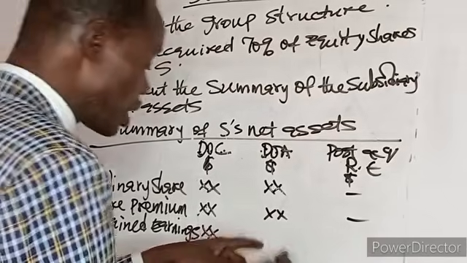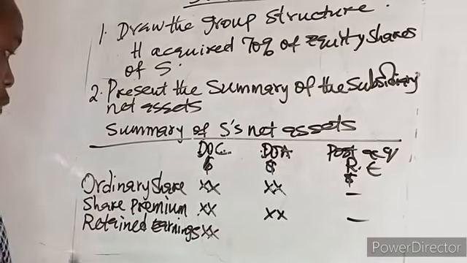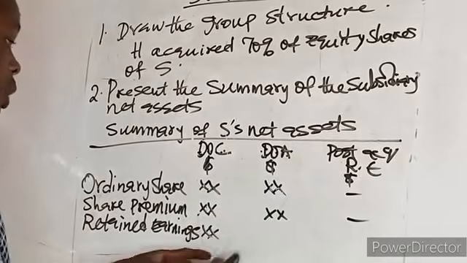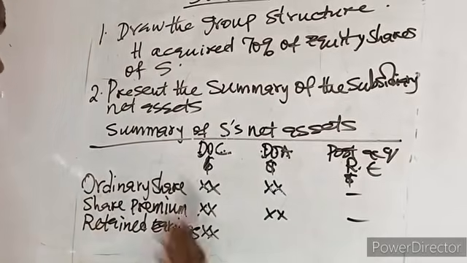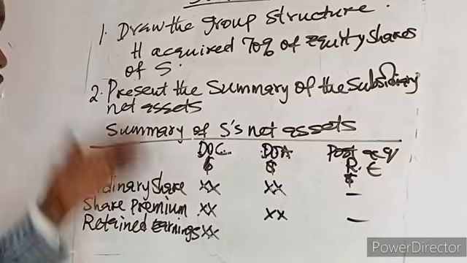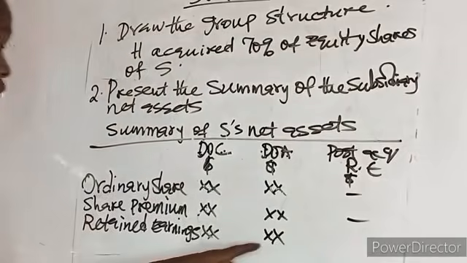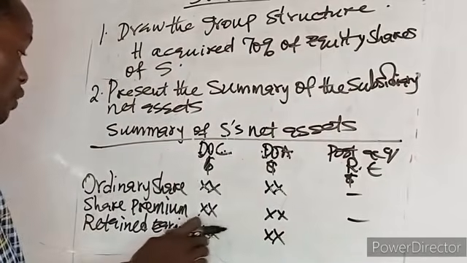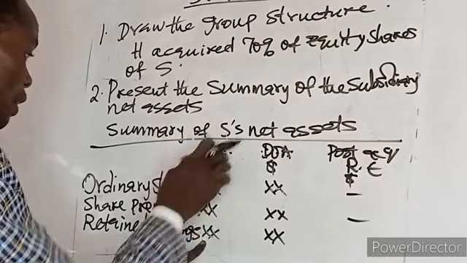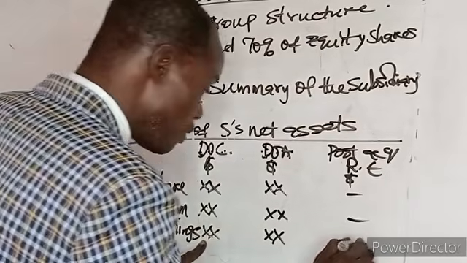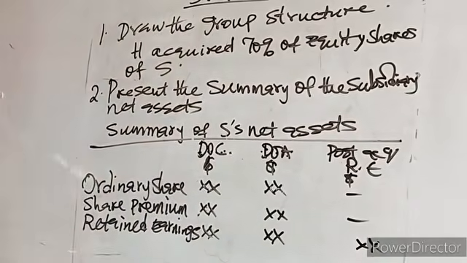And in some cases, the pre-acquisition profits will not be given. You will need to calculate that yourselves. I will explain how to calculate that because it depends on the way the question is structured. So the pre-acquisition profits, you have it here. If you deduct the pre-acquisition profit from the accumulated profit at DOC, then you have the post-acquisition profits.